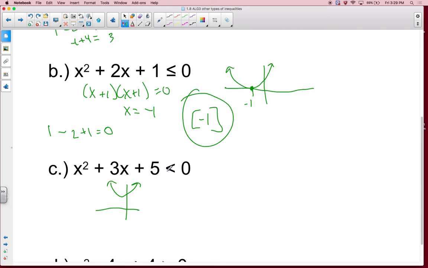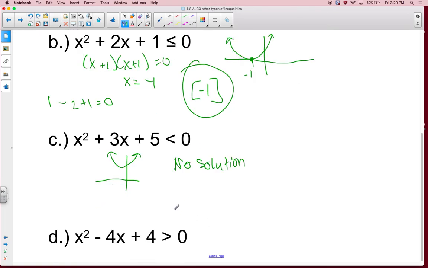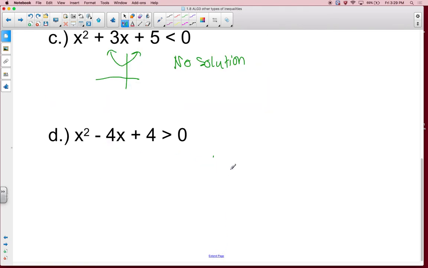And this is asking, where is it less than 0, meaning where is it below? Nowhere. There's no solution. Because it's entirely above your x-axis, and it's asking where is it below the x-axis? It's not. No solution.